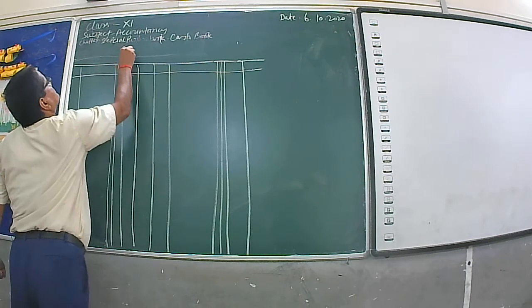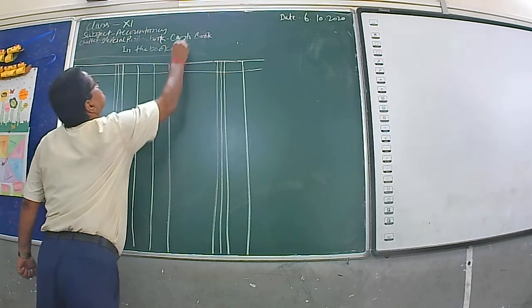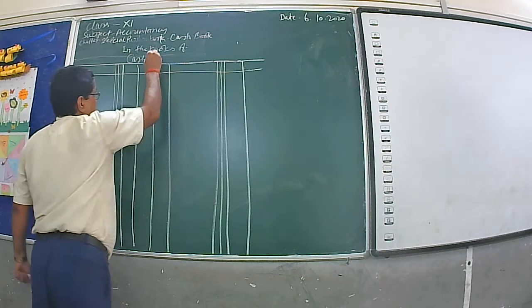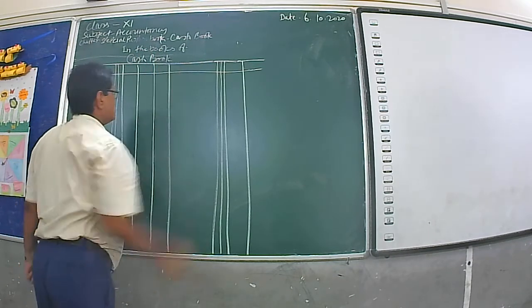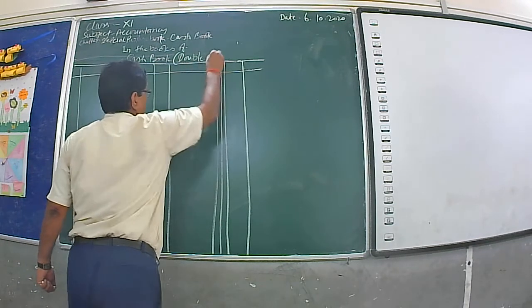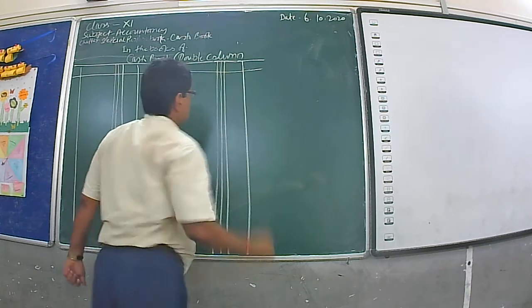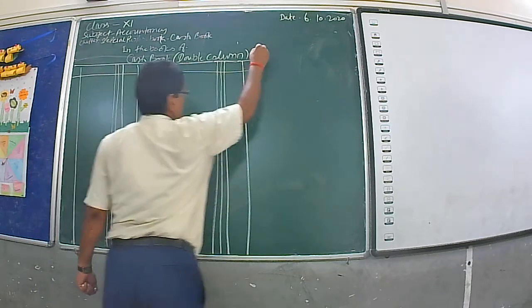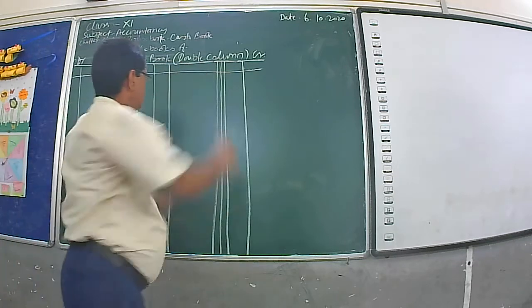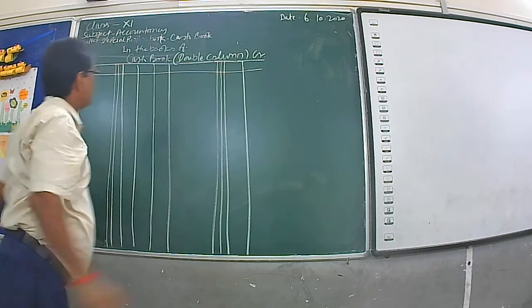In the books of, cash book, double column. You can also write a cash or bank column in place of this one.